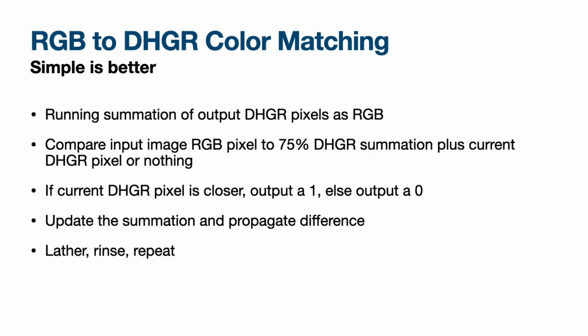The incoming RGB pixel is compared to the previous summed and scaled NTSC output with and without the current NTSC RGB color subcycle. The best match is chosen and the difference is propagated forward. Because we are dealing with a bit stream, there is only one decision to make. Is it a 0 or a 1?